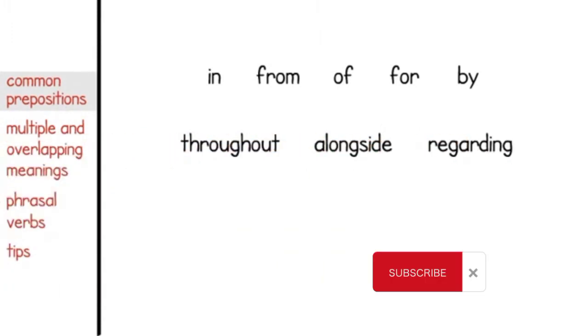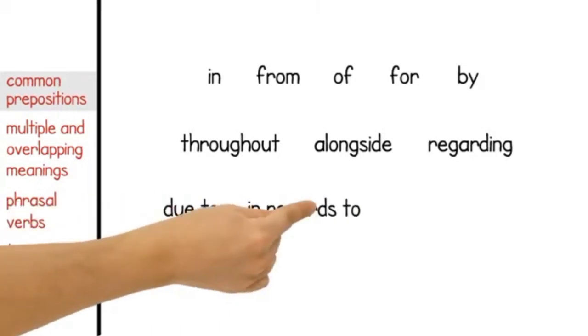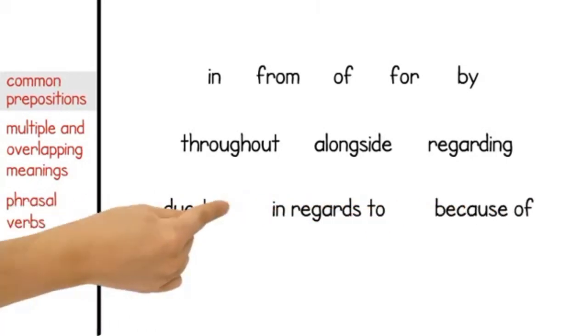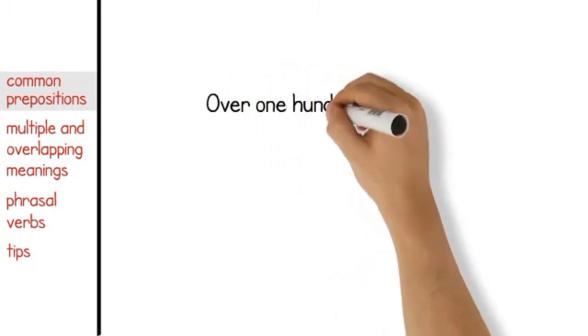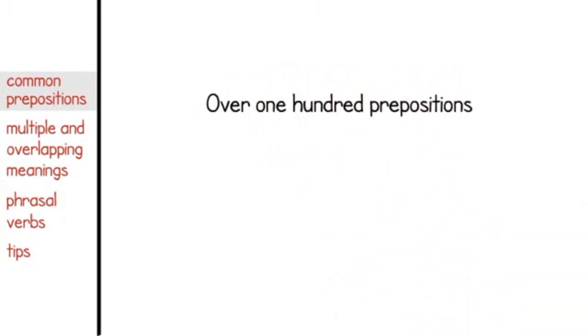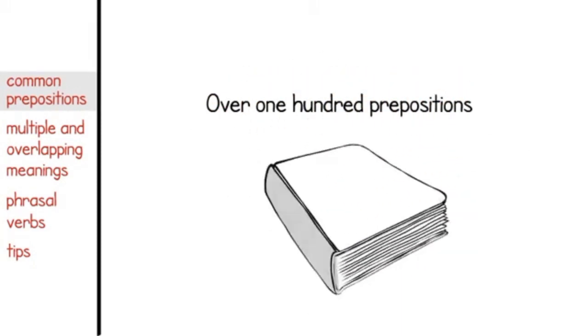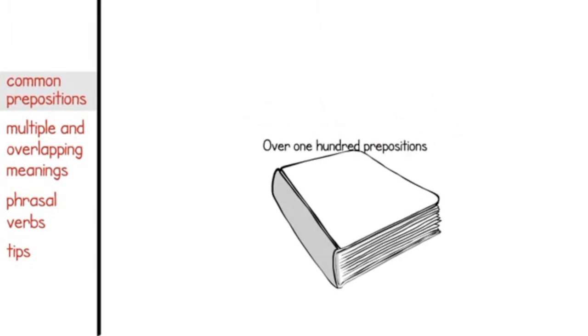There are also multi-word prepositions, such as due to, in regards to, because of, apart from, and except for. In fact, there are over 100 prepositions in English, and you can find a complete list of them by searching in a good grammar book.